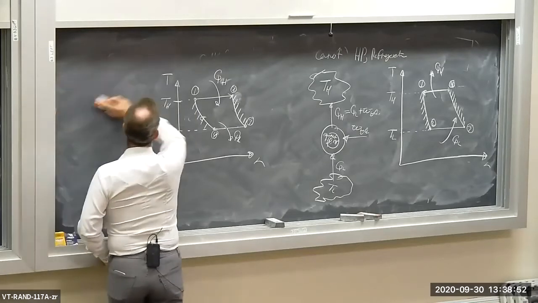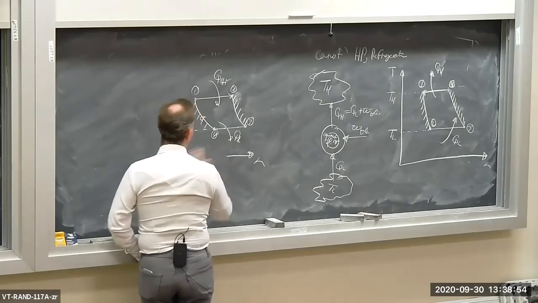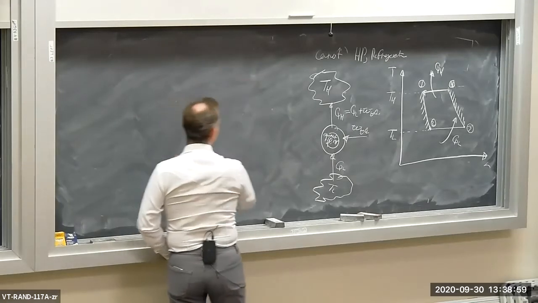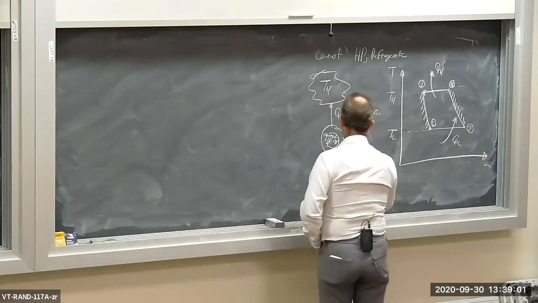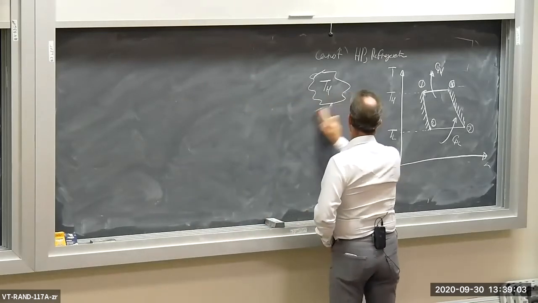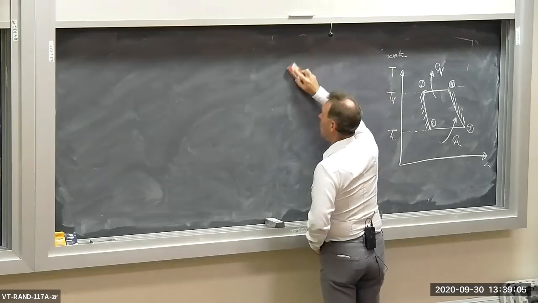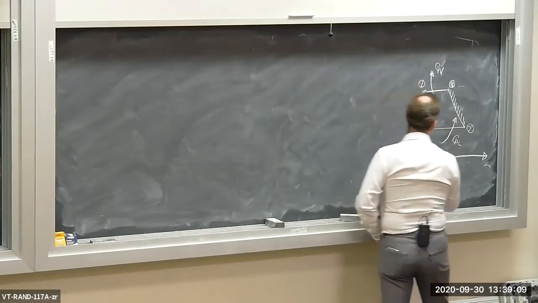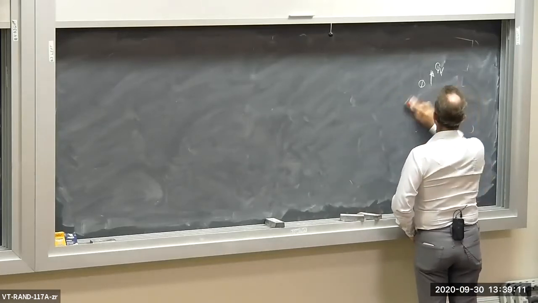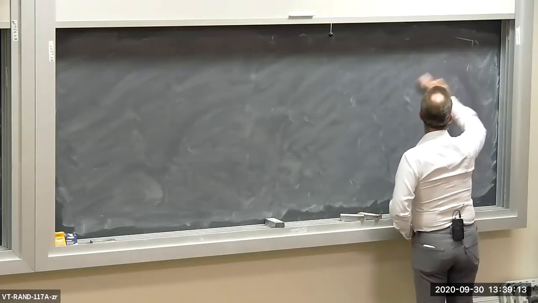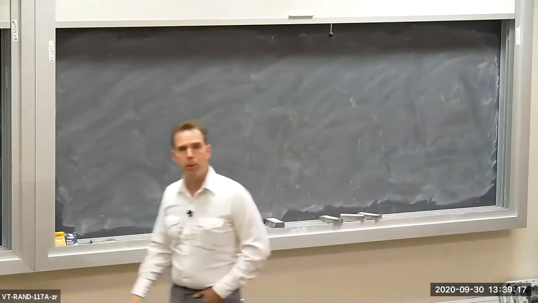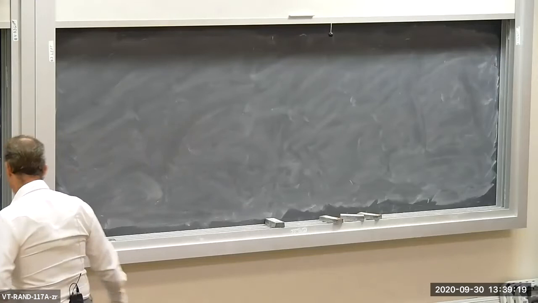Something a little bit disconcerting about designing your devices, your heat pumps, your refrigerators, by referencing pictures which tell you what is and is not possible. We do have the ratio of the heat transfer being equal to a ratio of temperatures for a reversible process. That helps. But it would be nice to get rid of the pictures entirely and express the second law purely in mathematical form. That's what we're going to do today.